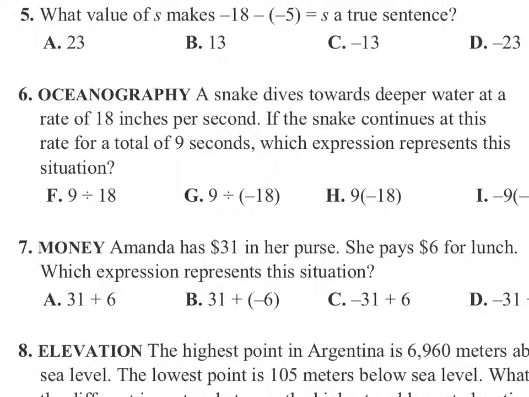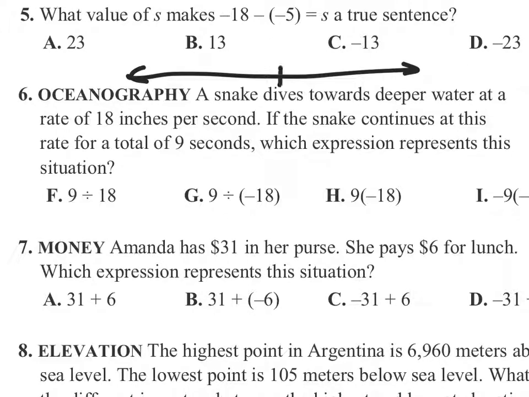Number 5, what value of S makes negative 18 minus negative 5 equals S a true statement? So we're just looking for negative 18 minus negative 5. All right, so when we do these, I'm going to use the number line, and not everyone really has to, but here we go.